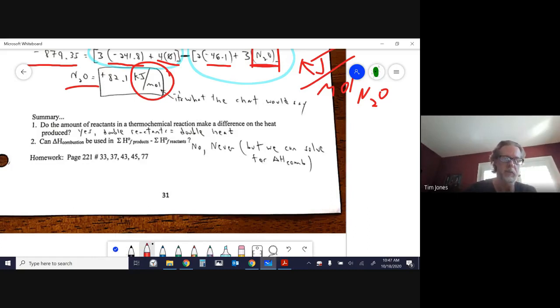I'm emphasizing here, no, don't use the combustion values with today's technique. You can solve for the delta H of a combustion reaction or any reaction, but please only use the formation chart for this technique because the combustion one is inconsistent.